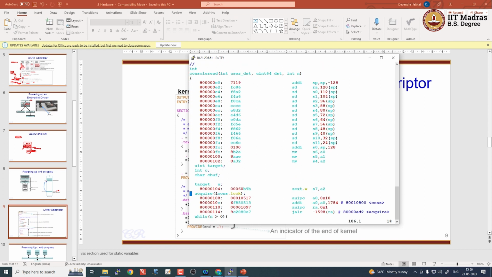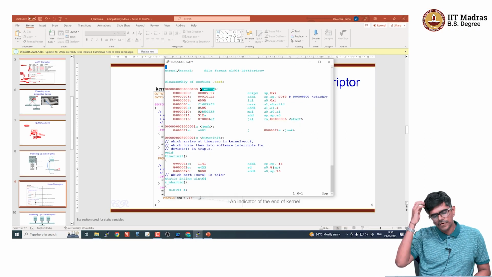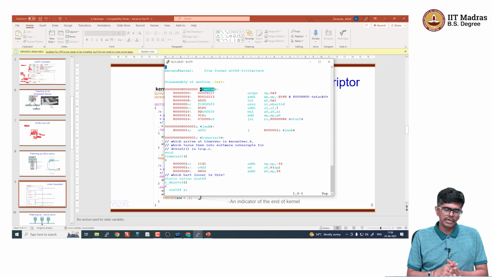We don't need to look into too much detail, but what I want to point out is that at the location 0x80000000 is where we have the function called _entry. Again, the reset vector is at 0x1000 in QEMU, and from there it jumps into 0x80000000, and at 0x80000000 we have this function called _entry. From _entry there are a lot of things which we will get into in detail, and we'll see how the kernel boots up.